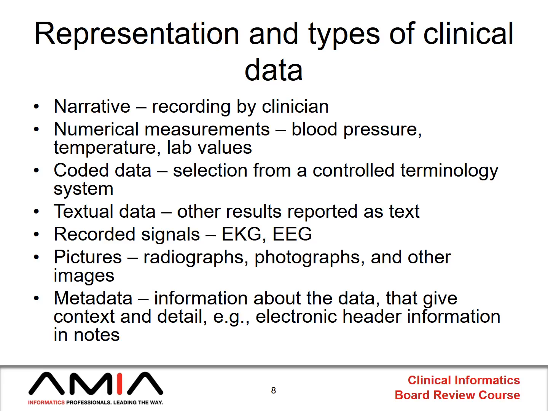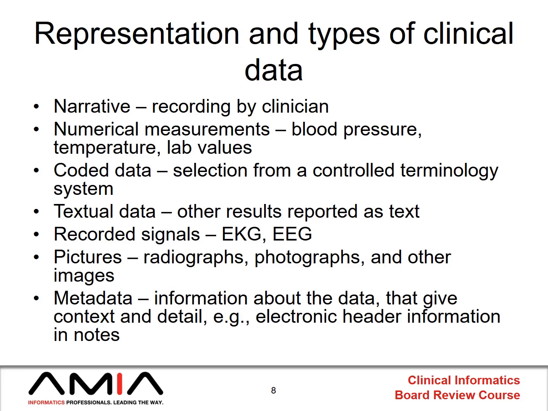As all clinicians know, there are many types of clinical data and they're represented in different ways. Probably the most voluminous amount of data in clinical records is the narrative, that is text recorded by the clinician. Clinical data, though, also includes numerical measures such as blood pressure, temperature, laboratory values. It also includes coded data that is selected from a controlled terminology system.